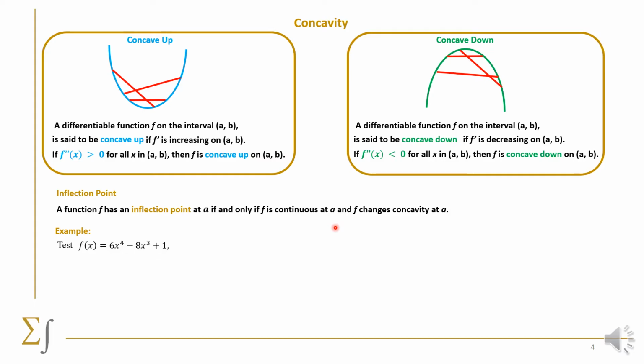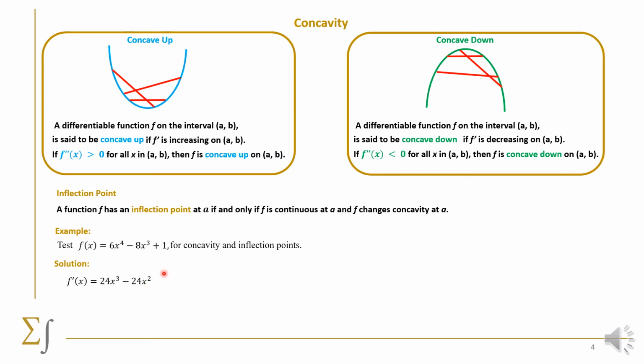Let's take an example. Test the function f of x equals 6x to the power 4 minus 8x cubed plus 1 for concavity and inflection points. Here we have to find the first derivative of f of x. We have 6x to the power 4 differentiated to 24x cubed. We have minus 8x cubed differentiated to minus 24x squared.